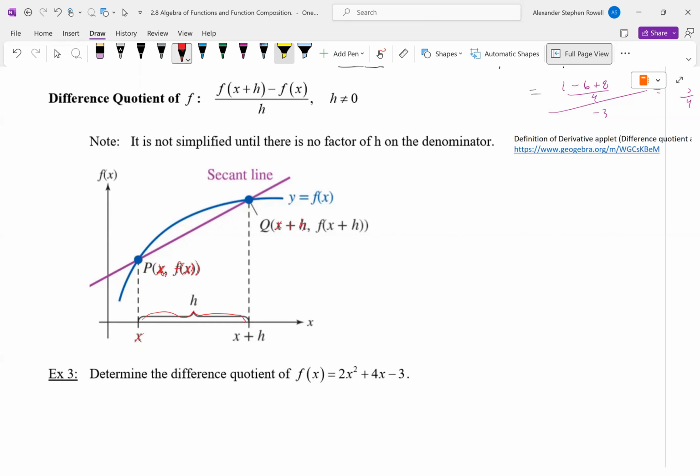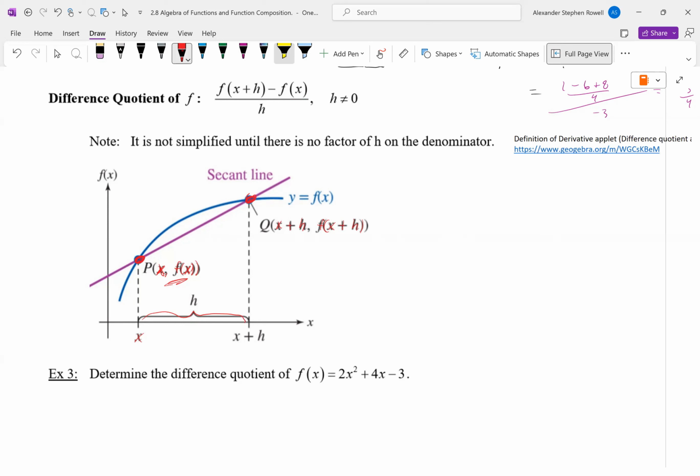You plug it into the function, f of x plus h. We have two ordered pairs. P is x, f of x. Q is x plus h, comma, f of x plus h. The secant line is the line between those 2 points. The only thing is the points have to be on our function.